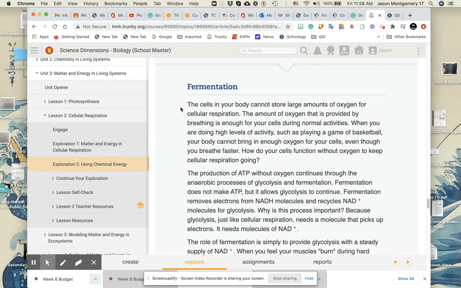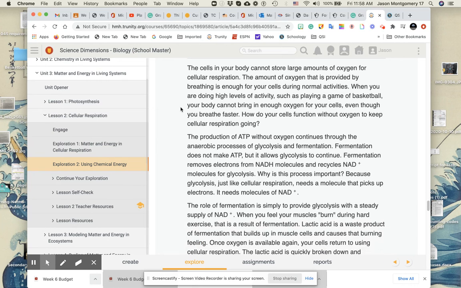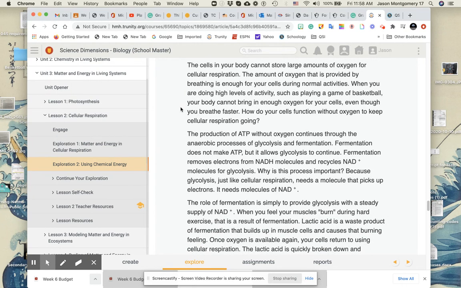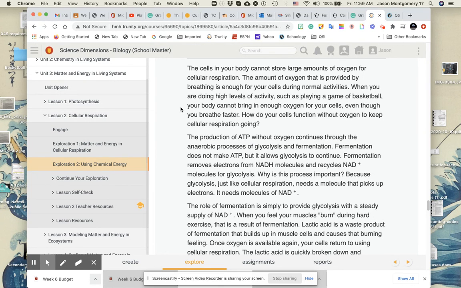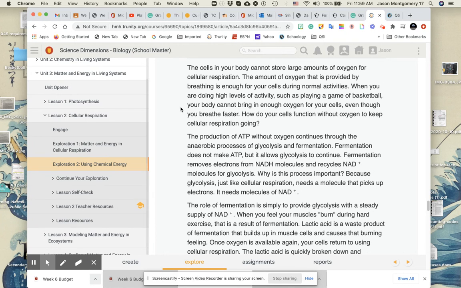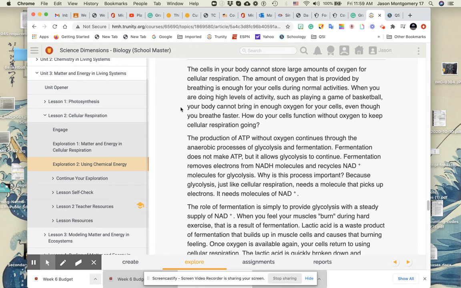Okay, the last part is fermentation. We talked about this the other day, so I'm not going to spend too much time on it, but you should read it for the specifics. If you run out of oxygen, let's say you're exercising, training for a triathlon, doing lots of physical activity, you can't get enough oxygen into your cells to break down glucose efficiently.